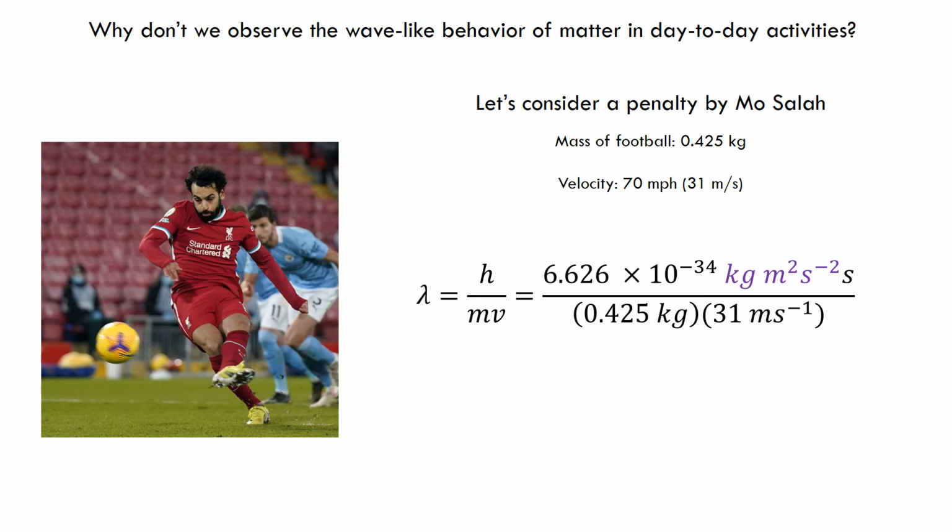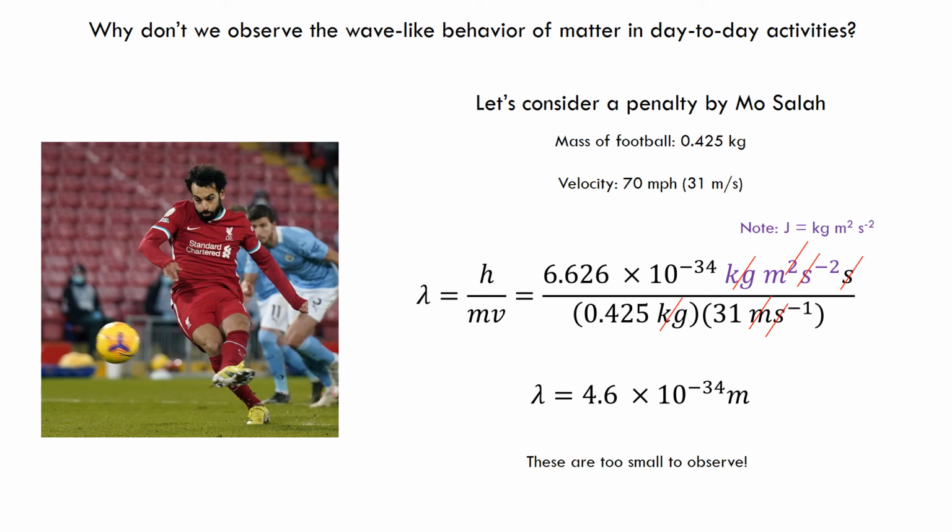So I just take Planck's constant and divide it by the mass times the velocity of the football. And the answer we get out when we cancel through the units is that that football has a wavelength of 4.6 times 10 to the minus 34 meters. Now, that's far too small to observe. So we don't observe the wavelength of this matter because it's just far too small and we can ignore it.